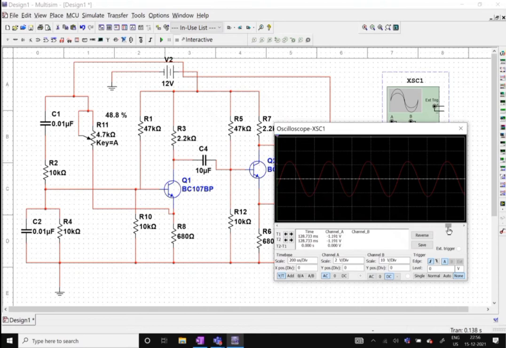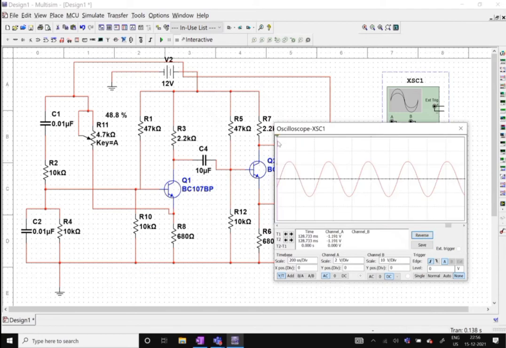We will observe a clear sine waveform, and find out the time period of the waveform.